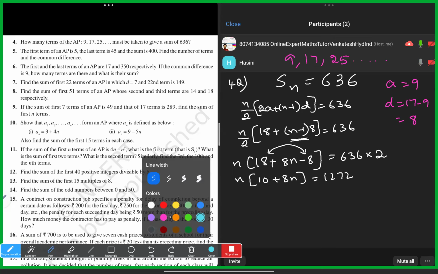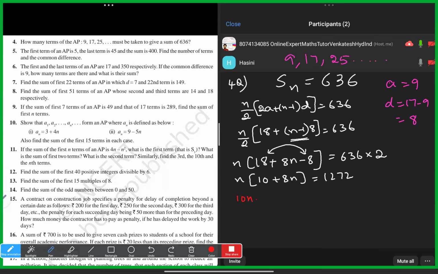So we can write now 10n plus 8n square is equal to 1272. You can see a quadratic polynomial came. I can write this as 8n square plus 10n minus 1272 is equal to 0. Yes, sir.